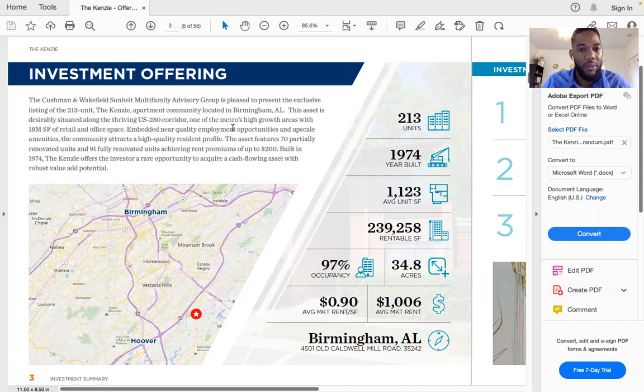Embedded near quality employment opportunities and upscale amenities, the community attracts a high-quality resident profile. The asset features 70 partially renovated units and 91 fully renovated units, achieving rent premiums of up to $200. Built in 1974, the Kenzie offers the investor a rare opportunity to acquire a cash-flowing asset with robust value-add potential.